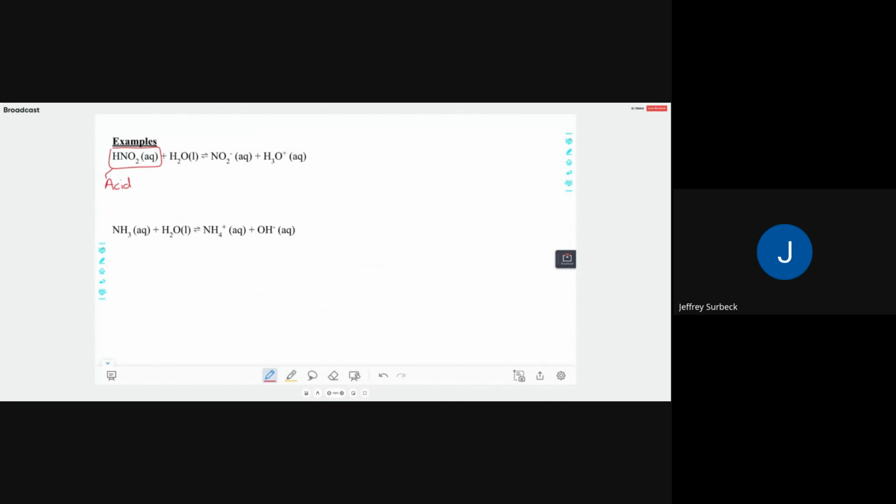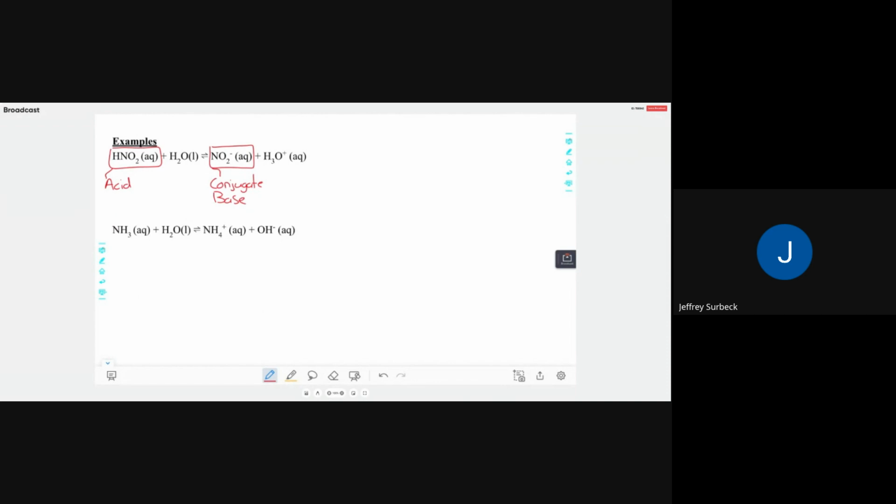Well, its pair here is over here, NO2 minus. It lost an H, and so we have an acid. This that I just highlighted in red is the conjugate what? Very good, conjugate base. Then, in this case here, H2O, if we look on the right-hand side, very similar, goes to H3O with a 1 plus.